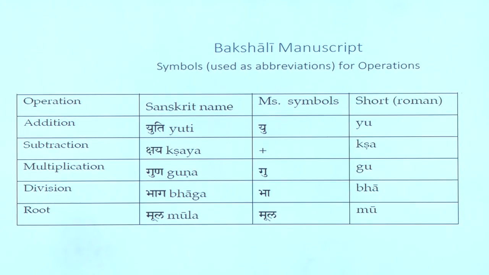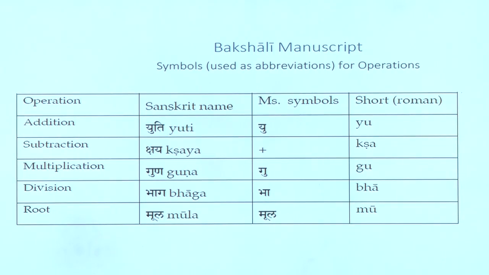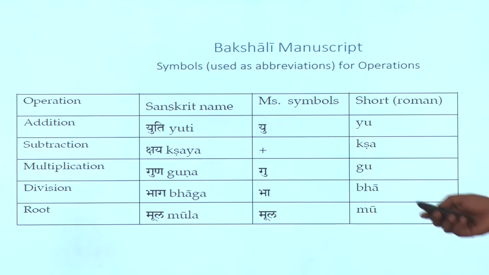Subtraction is kshay. So, ksha, now you have to write it fast, so the symbol used is plus, which is believed to be an abbreviation of ksha. Then division, bhaga. So, bha. Root, there is a typo here, it should be the first letter, mu.